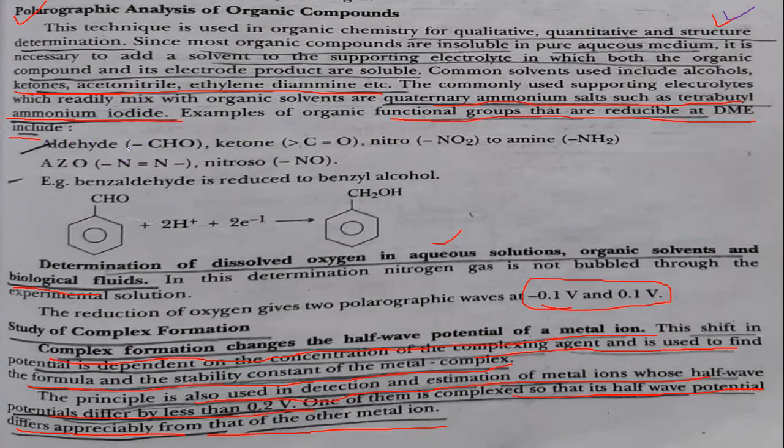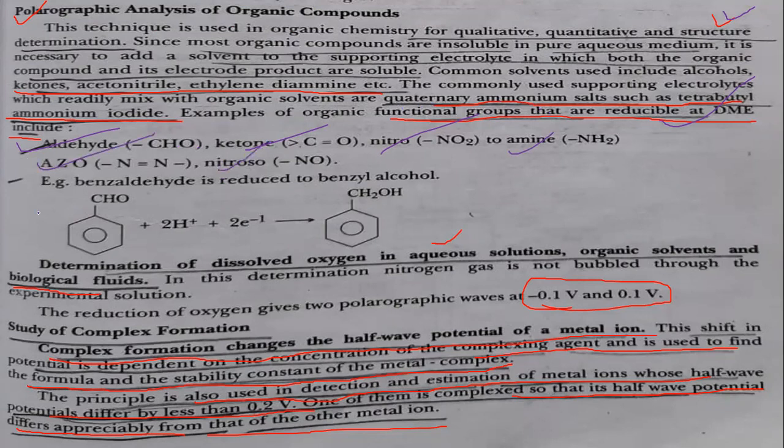Commonly used supporting electrolytes mixed with the organic solvent are quaternary ammonium salts, like tetrabutyl ammonium iodide. Examples of organic functional groups that can be reduced at the dropping mercury electrode: you can study aldehydes, ketones, nitro groups, amino compounds, azo compounds, and nitroso compounds with this technique.